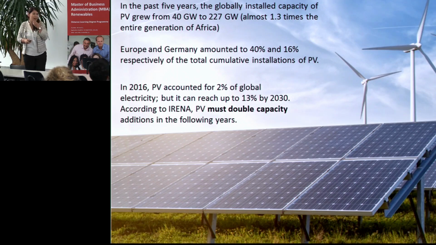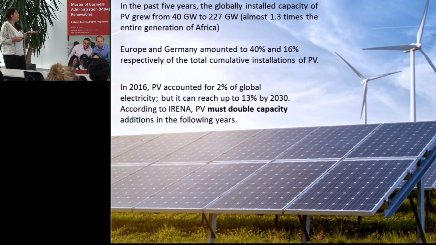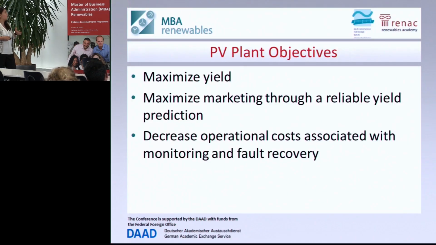For PV, well, it raised the installed capacity a lot. Europe and Germany are market leaders in the installations. And according to IRENA, in order to reach a bigger market share in PV, we must double the capacity in the following years. So just as a reminder, what we want in a PV plant is to maximize yield, maximize marketing.